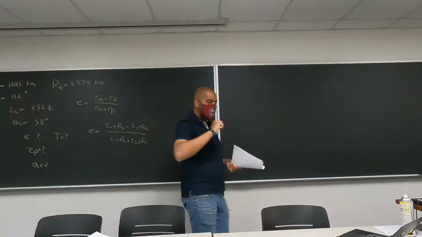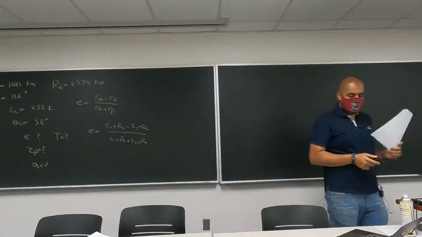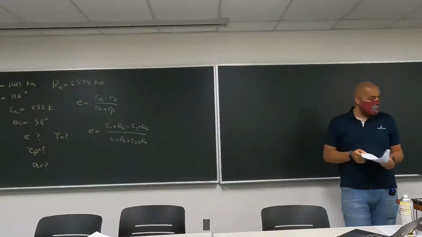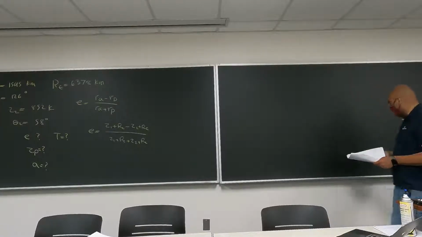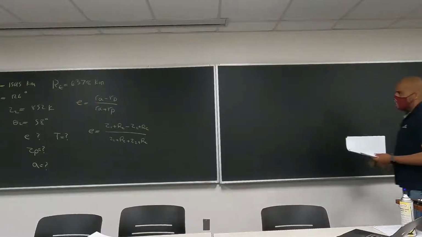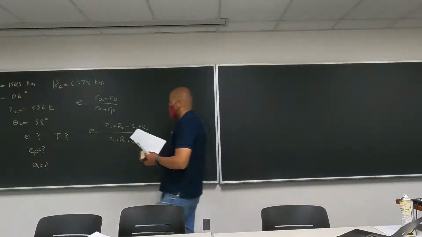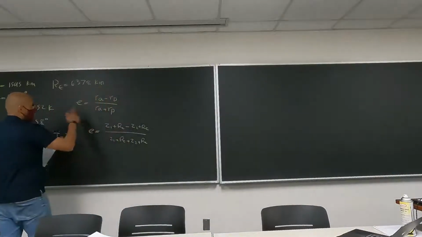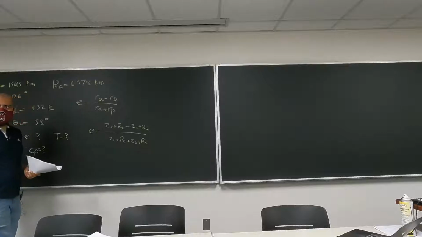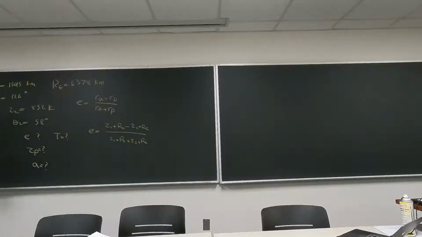This discussion was the main reason I included this example. I just wanted to make sure that you are careful about this. So we cannot use this equation. At this point, we are not able to find the radius of apogee and perigee because we have a lot of unknowns.